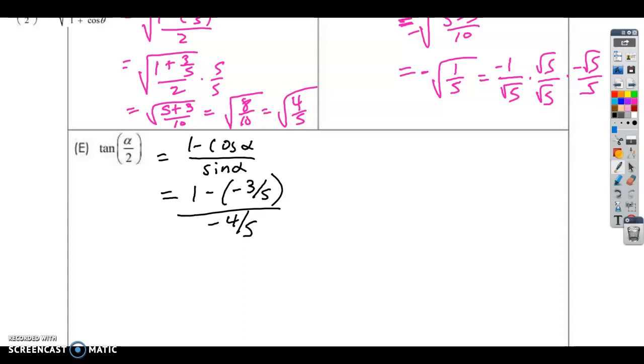Now, I've got 2 fractions with a denominator of 5 that I don't like, so I'm going to multiply everything by 5 over 5, which is going to make that 1 a 5. Minus minus makes it plus, and that's a 3 because the 5 in the denominator will cancel. And then my denominator will just be negative 4.